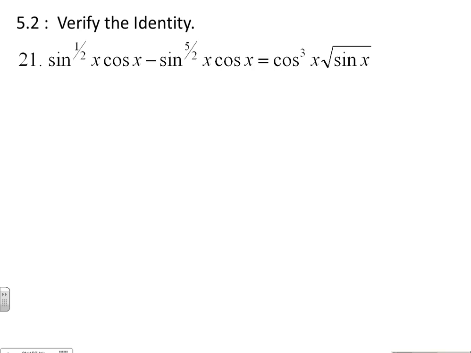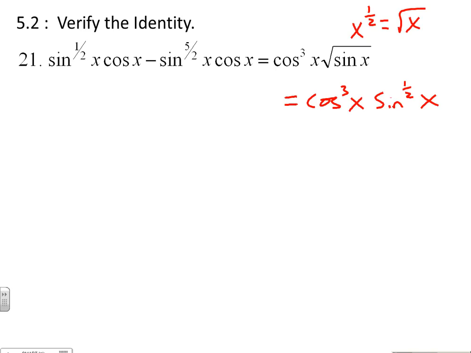One thing I noticed right at the beginning, I may be tempted on the right side over here to treat this as just cosine cubed x. And, just like x to the 1/2 is square root of x, square root sine of x could be written as sine 1/2 x. So now, on the right side, if I consider that my target, I want to make the left side look like the right side.